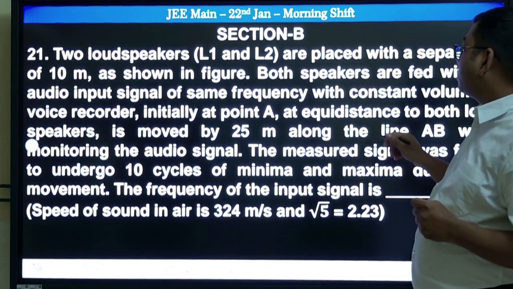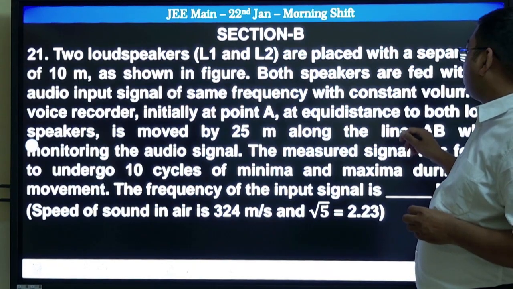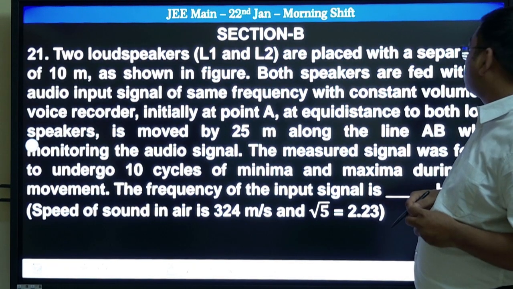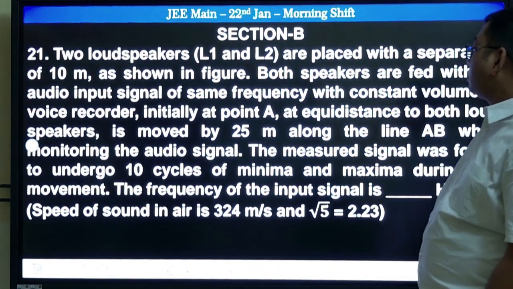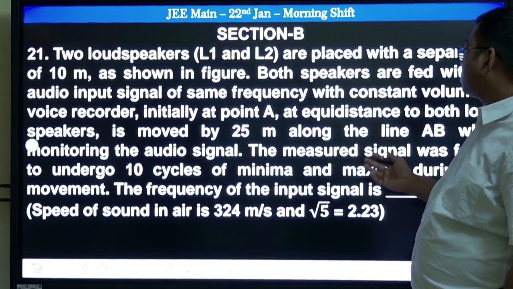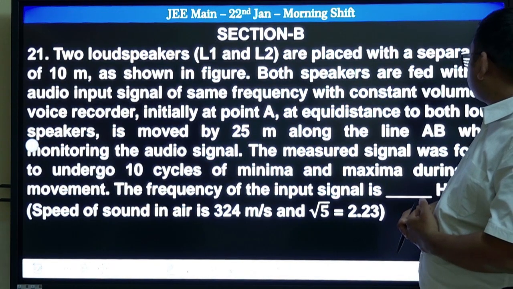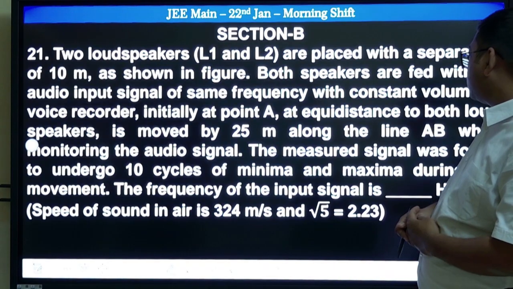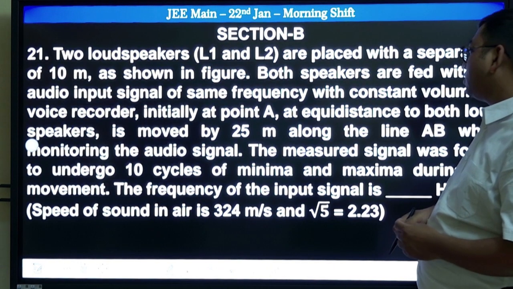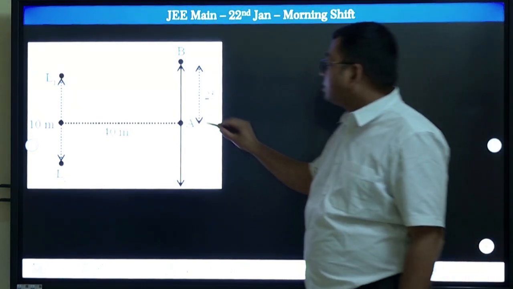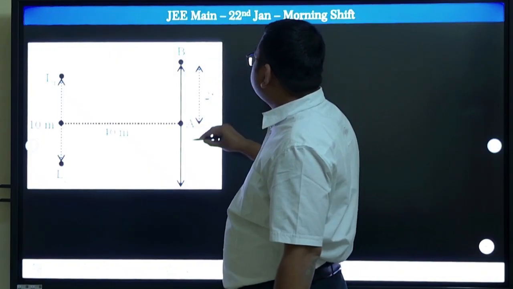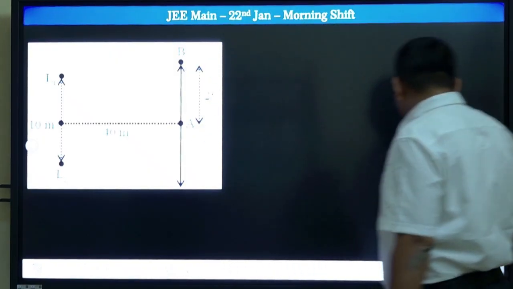A voice recorder is initially at point A, equidistant to both loudspeakers. So there is a recorder which is equidistant, right? Initially at A, it is moved 25 meters along the line AB while monitoring the audio signal. The measured signal was found to undergo 10 cycles. So now see, this is moving in this way, and we need to see how much distance it is moving.